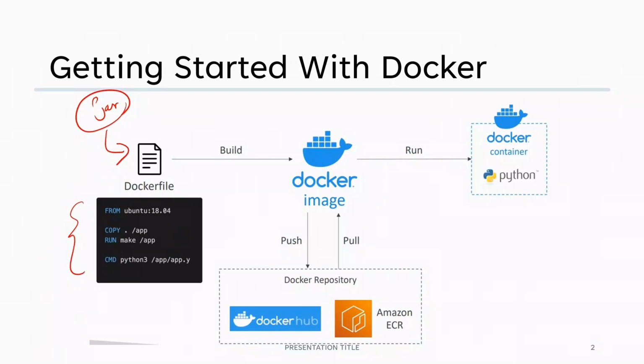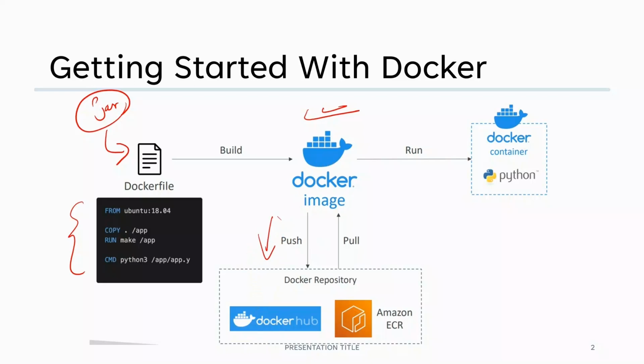You keep a Dockerfile where you write down all of those configurations of that Docker container, and then you build a Docker image, right? Basically a Docker image is just a replica of your application which will be used to run the Docker container, right?